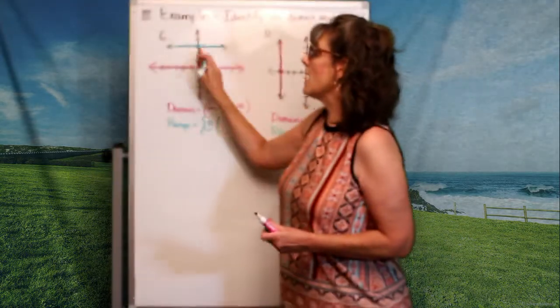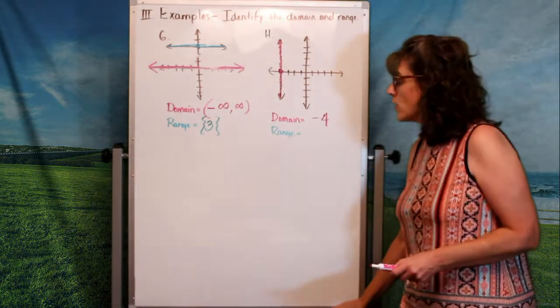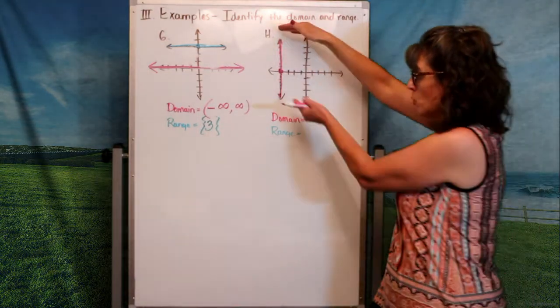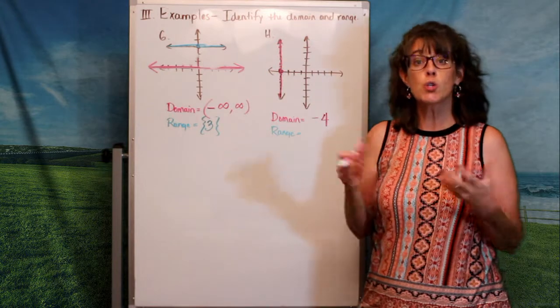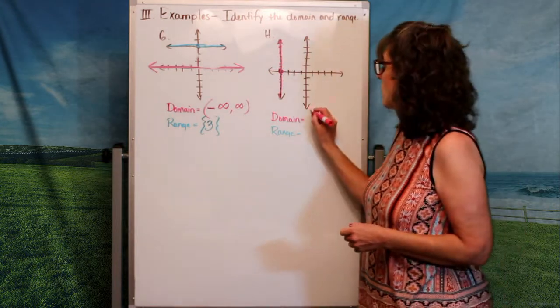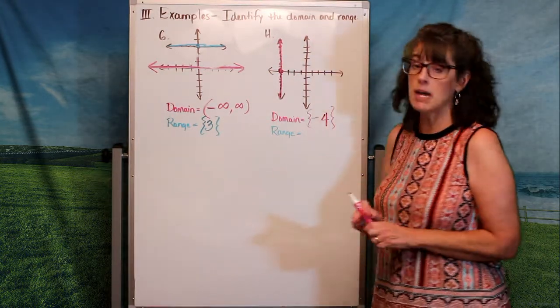Every one of them has a -4 for that x. By the same token here, every one of the points on this graph, every single one of them had the same y coordinate. All of them have a y coordinate of 3. So here again on this one, that domain, squishing it up on that x-axis, squishes into that x being -4. That single point is going to be my domain.